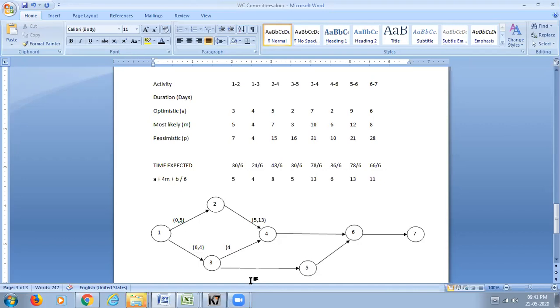Similarly, your 3 to 5 can start at 4. 3 to 5 is 5 days, which means 4 plus 5 is 9. And 3 to 4 is 13 days, which means 4 plus 13, 17.